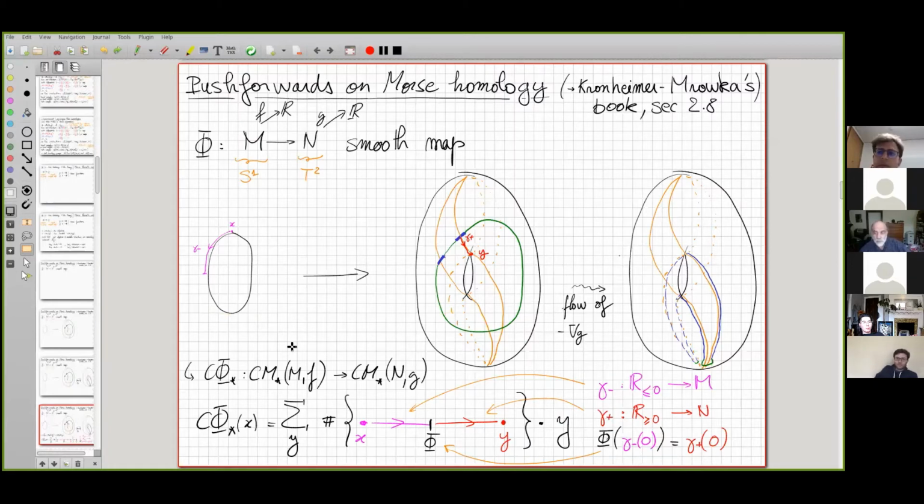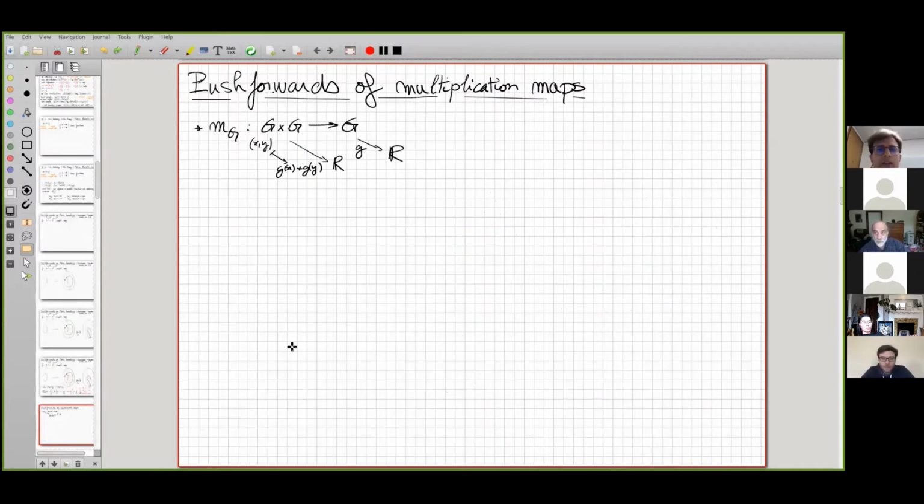So remember that we want to make sense of this algebra structure. We're just going to have to apply this construction to our multiplication maps now. So for the group first, you have this map, and you equip the group with Morse functions, just using the Morse function on G again. So here you can just take the function that sends (x,y) to the sum of g of x and g of y.